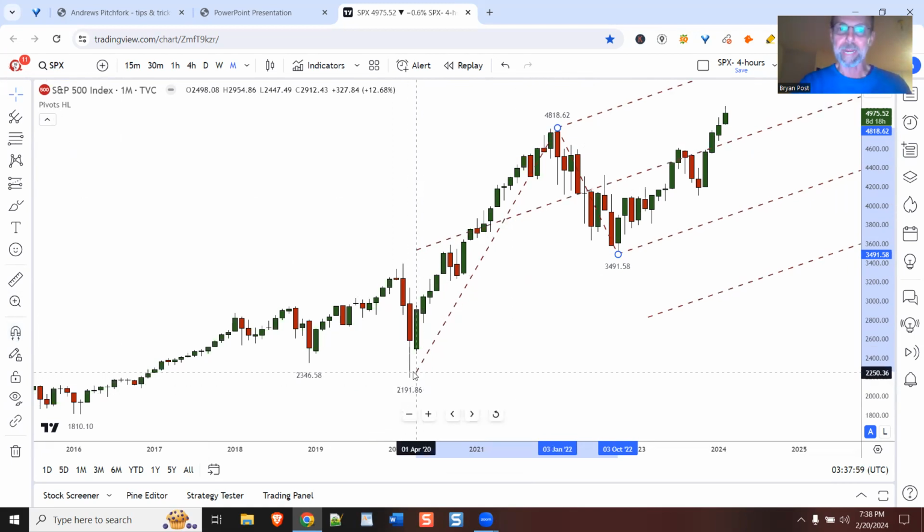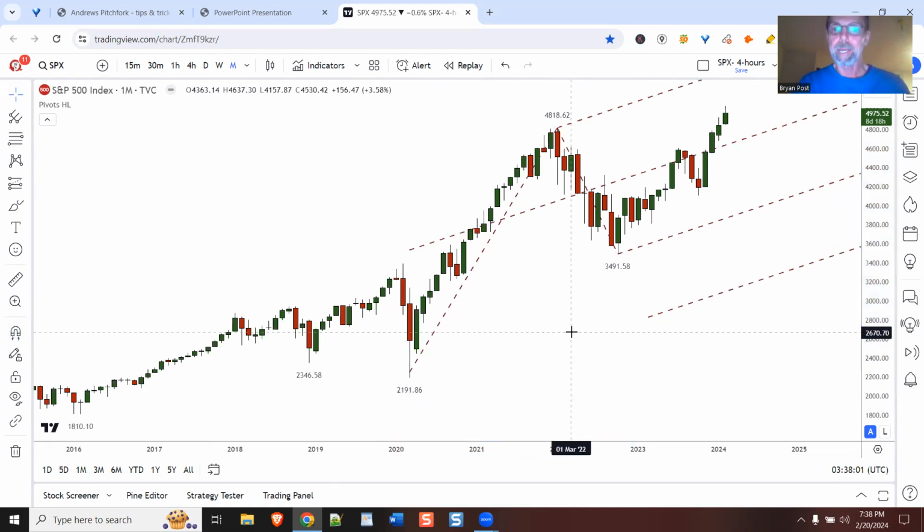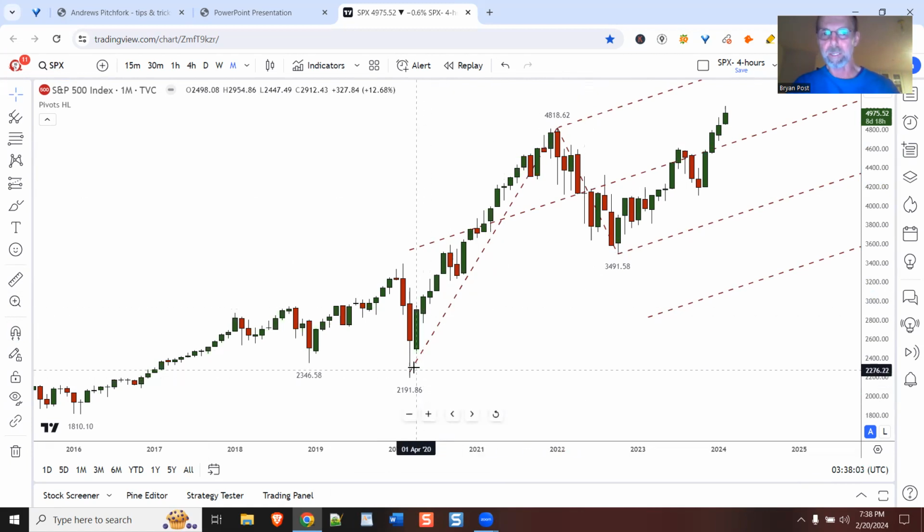So, without the magnet, I might draw that. And if I wasn't paying attention, notice that the origin, that's what we call the first point of an Andrews pitchfork, is not at the exact low of this bar.